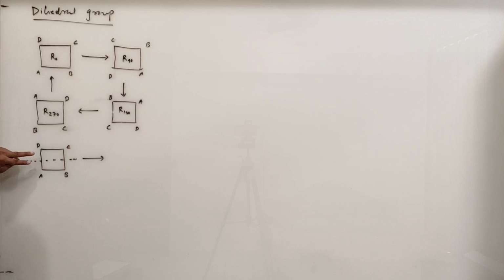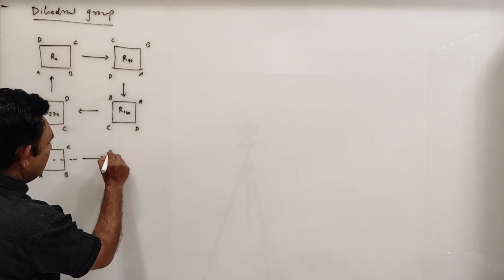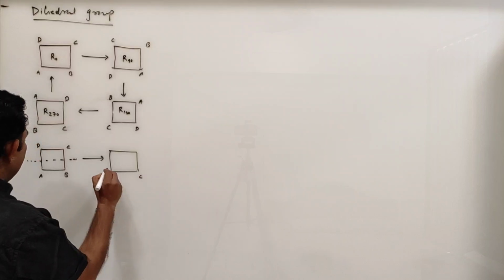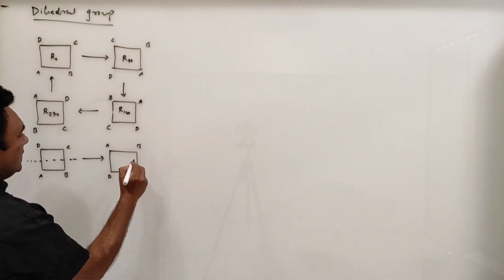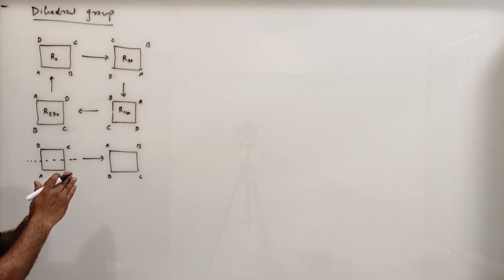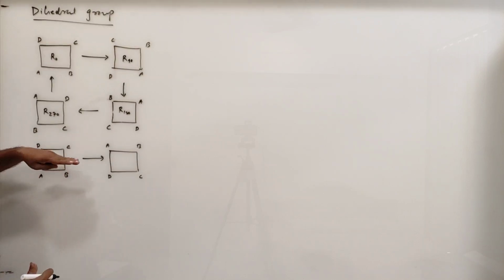So I am taking the reflection. So A will occupy the position of D, and D will occupy the position of A. Similarly, B will occupy the position of C, C will occupy the position of B. So what I have? I have this thing, D, C and A, B. So this position is obtained from R0 by taking the reflection with respect to the horizontal line.